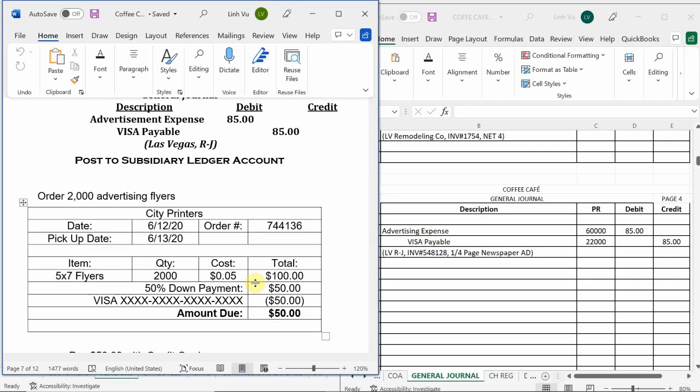So in this case, each flyer, since I purchased 2,000 of them, costs me 5 cents each, so the total bill ended up being $100. But they required me to make a 50% down payment, so I did by paying $50, and that means upon pickup, I pay the remaining $50. So, how do I record this transaction?